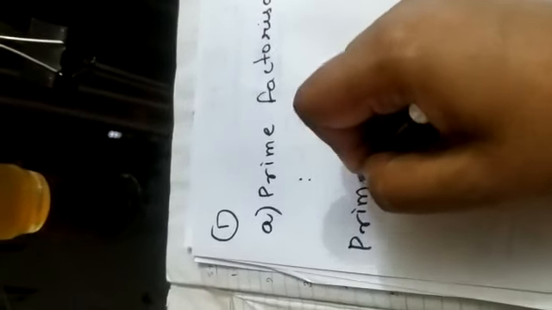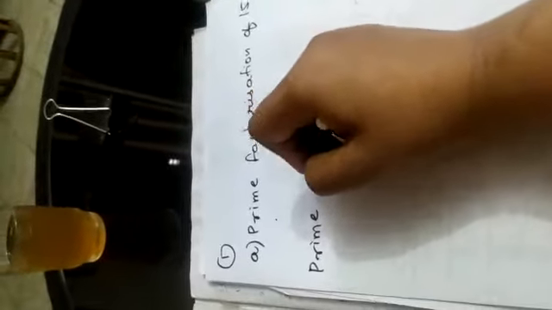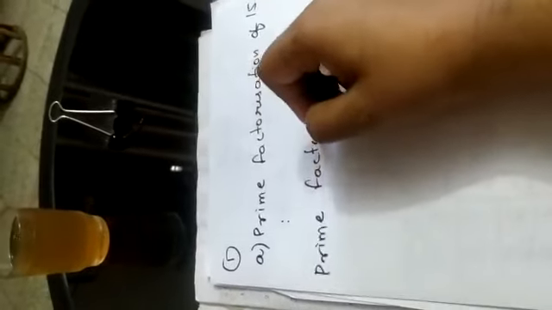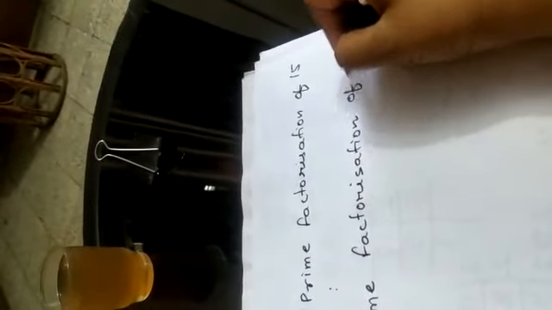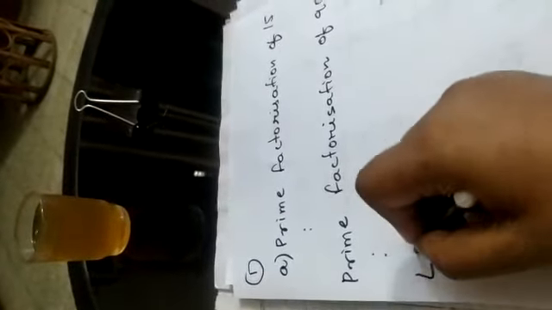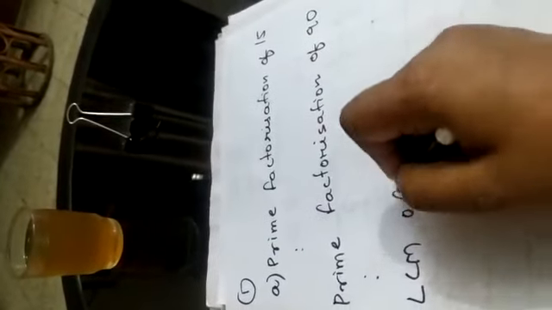Now next, prime factorization of 90 is what? Now next, LCM of 15 and 90. So you have to fill in the blanks.